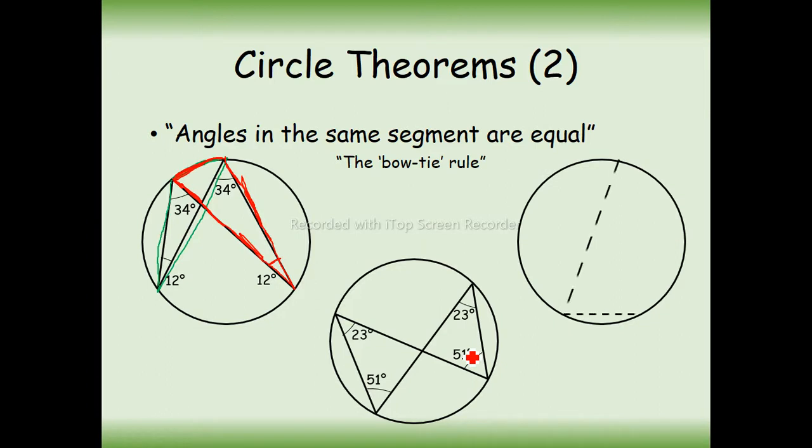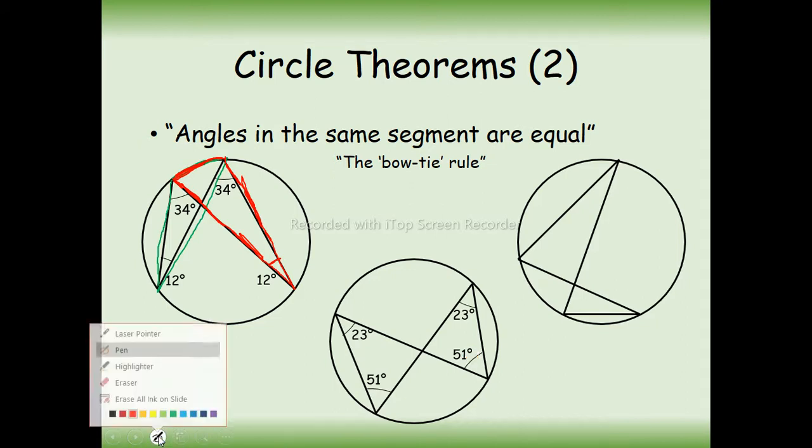And the third and final one is this one. Which two are equal? The two marked by the little small arc in the corner? These two, yes. And how about these two?